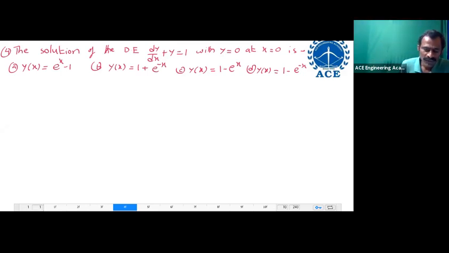Now tell me, what is the difference between this 4th problem and the previous 3 problems? Okay, I will tell this. In the first problem, just a differential equation was given without any condition. So that is a differential equation only, not an initial value problem.